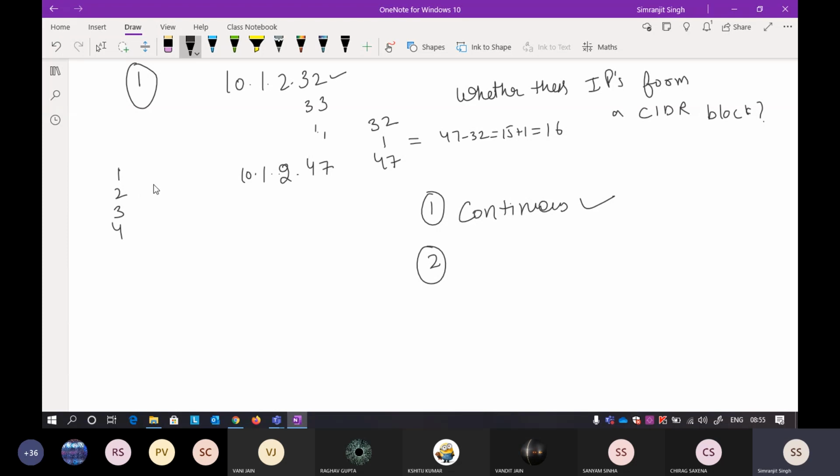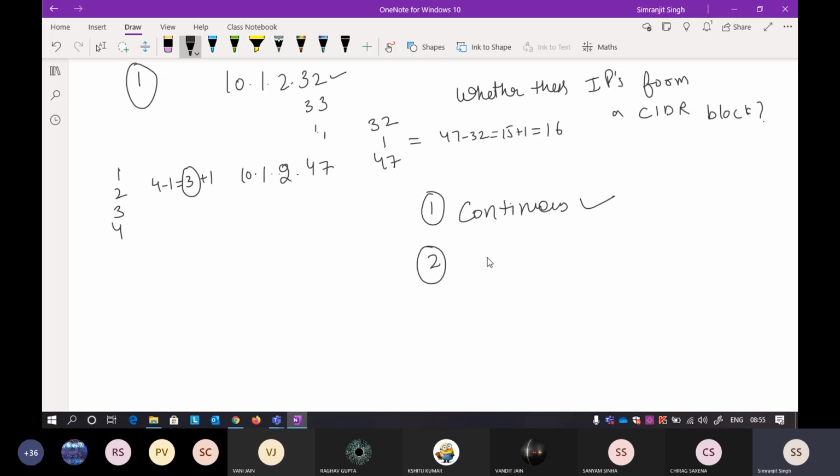But when you calculate 4 minus 1, you get 3, though actually there are 4 IP addresses, so that is why I am adding 1 to it. In a similar way, when I subtract 47 minus 32, it is actually 15, and I'm adding 1 to it, because when we are subtracting, there is always one part that will not be counted. So keep that in mind.